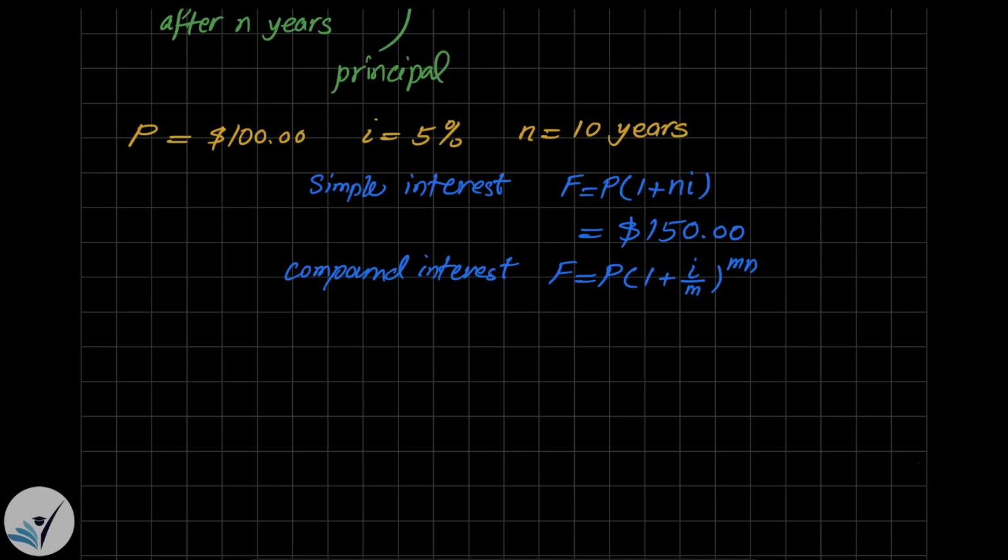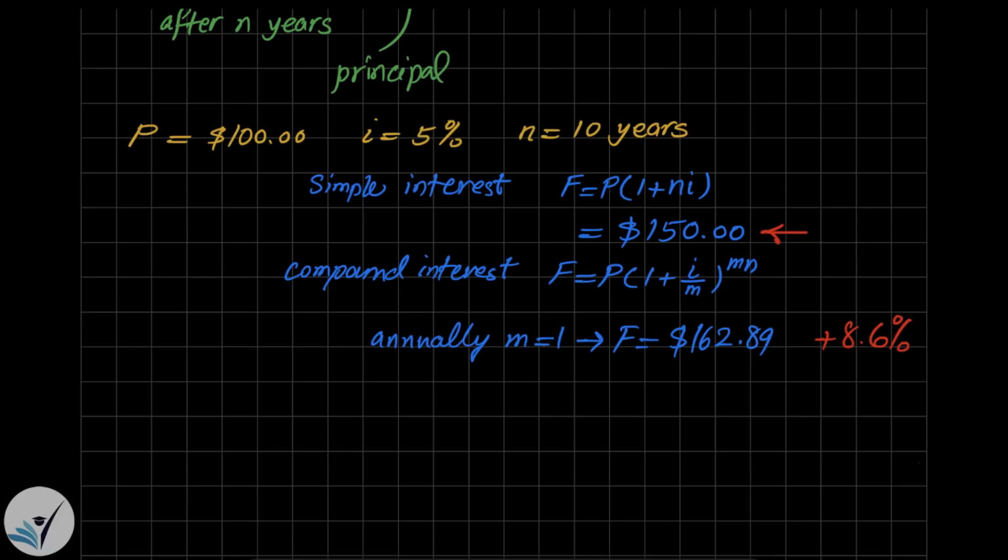If the interest is compounded annually, m is equal to 1, and as a result, the total balance would be $162.89. This value is 8.6% higher than the total balance in the account in case of simple interest.